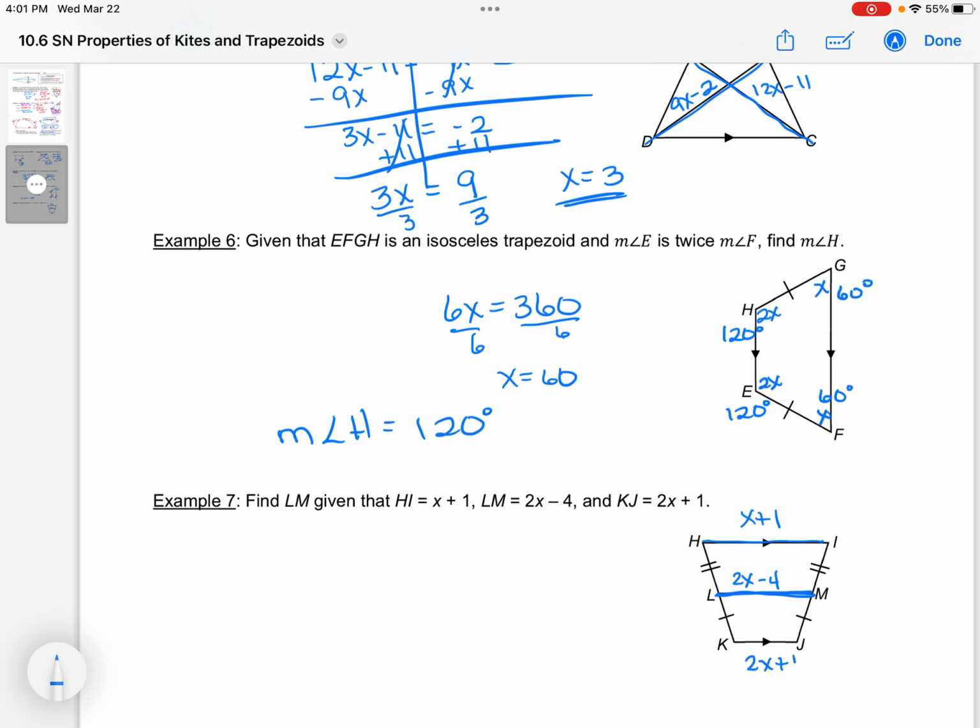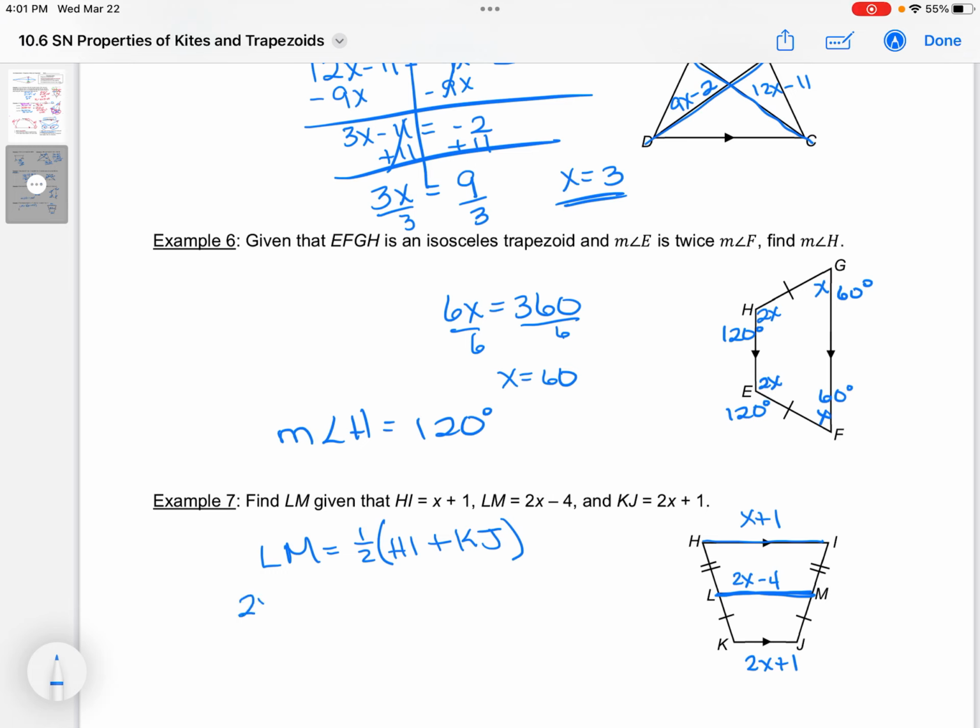And KJ is 2X plus 1. Okay, since LM is in the middle, it's half of the 2 bases. So here's what it looks like. LM is equal to 1/2 HI plus KJ.